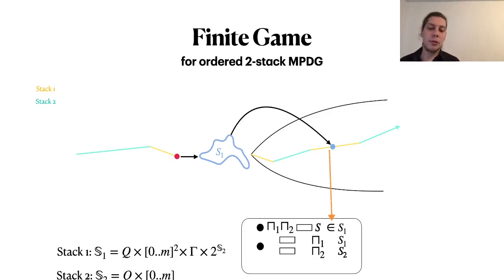So we look at the current position and we look at all the information that we will see. The first information, of course, is the state and the maximal priority seen since the push on stack 1. Those have to coincide. Now what also has to coincide is the top of stack symbol for stack 2 and the maximal priority seen since the push of stack 2.